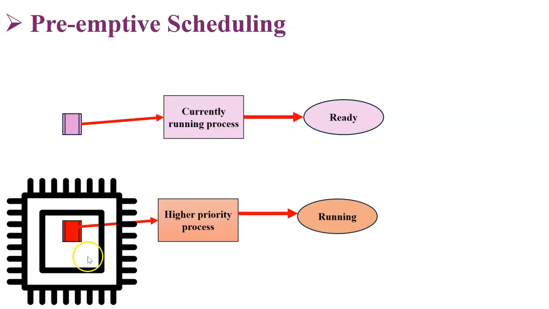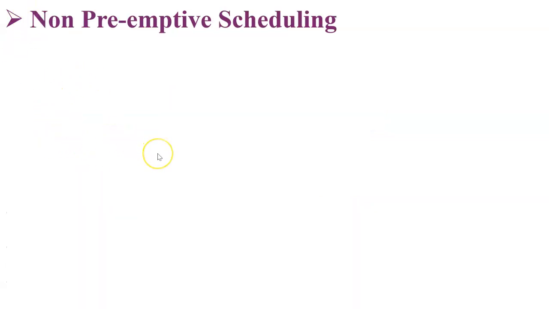Once this process has completed its execution, the CPU will be allocated back to the earlier process. So this is preemptive scheduling, wherein the higher priority process is taken up first and the lower priority processes are interrupted.